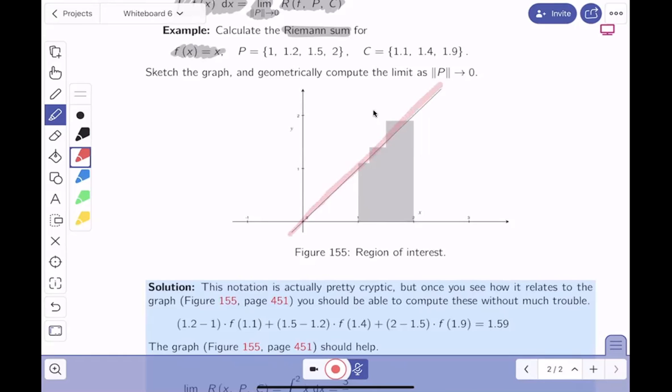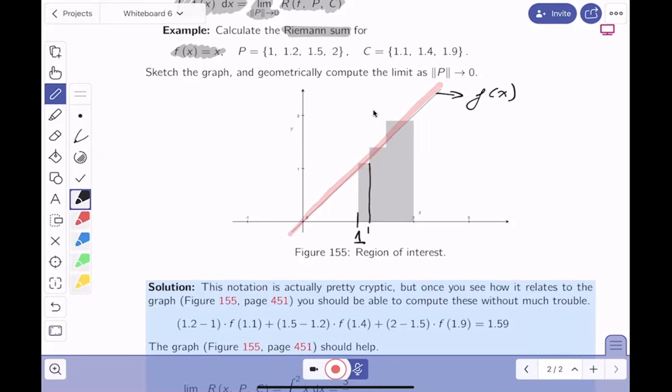I'm tracing over my picture. What's this thing over here? This line here is f of x. Then they say the partition starts at 1. That's 1. Then it goes to 1.2. This is 1.2. Then it goes to 1.5.